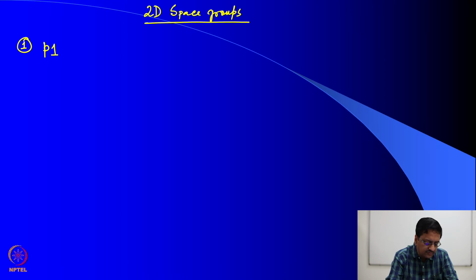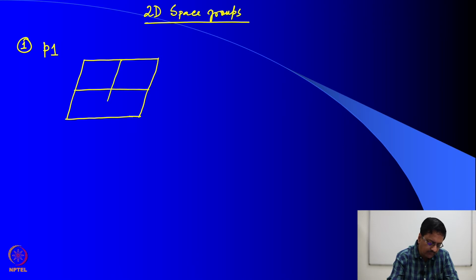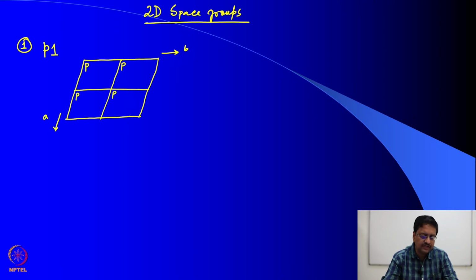So if we draw the oblique lattice, and you have the object P here, this object is only translated along the direction of B and in the direction of A, and that's it. So there is no other symmetry element present, so we call it P1.